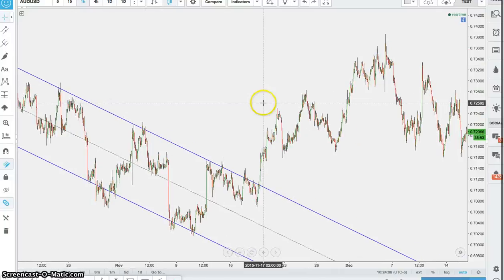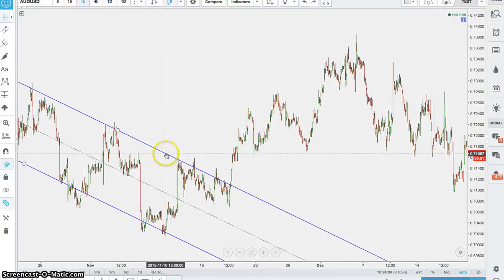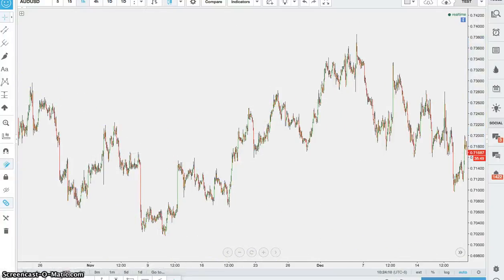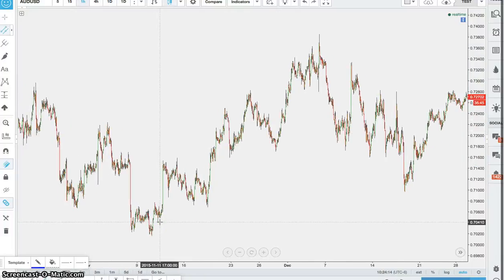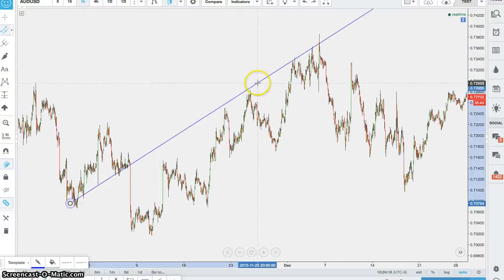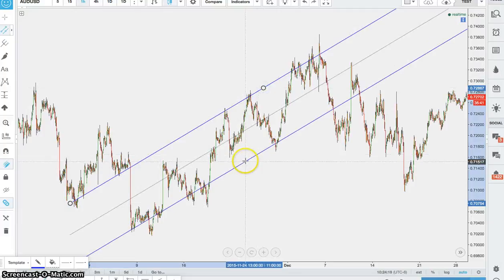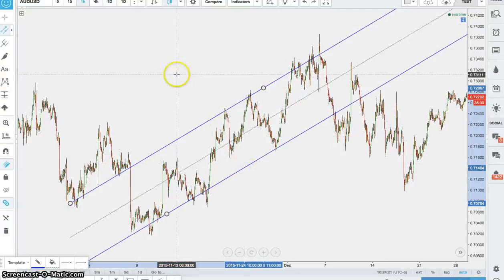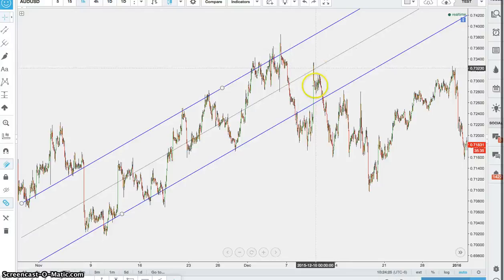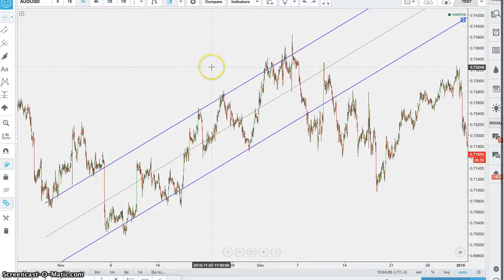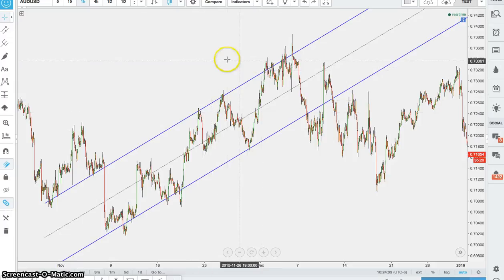So when we practice and draw them like this, you can start to get an idea of how to draw them the right way, and that's going to be the key. So there's that downtrend, and now for this uptrend we'll do the same thing. We'll grab the channel tool and then draw in these channels like this. This just helps us get better at where to draw them and where to put these trend lines, and that's going to help you when you get into live trading and you're plotting your charts.